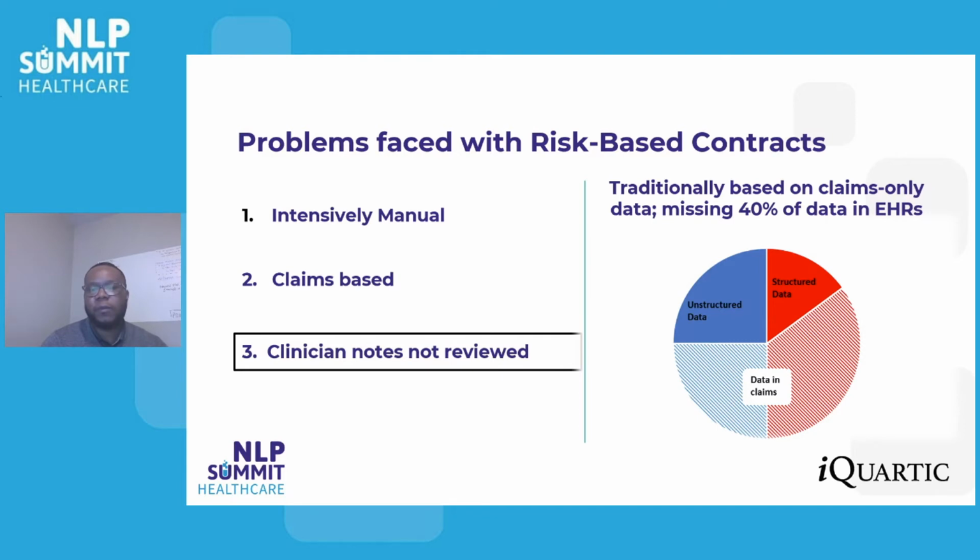The full severity of the conditions that is typically locked away in unstructured clinical notes is not being considered here. As a result, plans could lose up to 20% of revenue opportunities by not being able to extract that data.